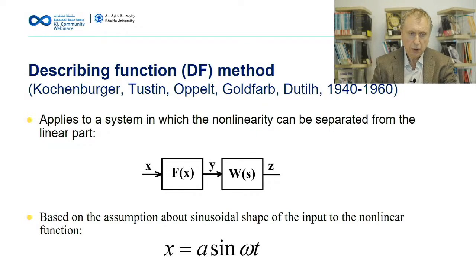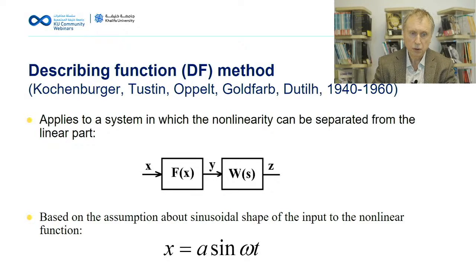Let us recall what the describing function method is. First of all, it is applied to a nonlinear system in which the nonlinearity can be separated from the linear part, the usually dynamic part of the system, and it is based on the assumption that the input to the nonlinearity, which is x here, is a sinusoidal function.